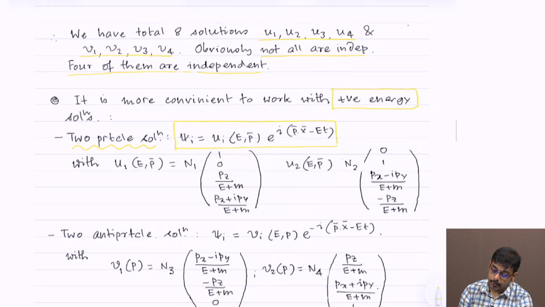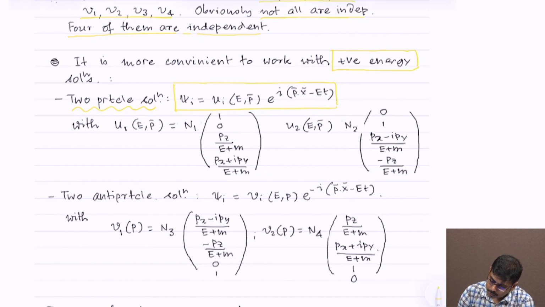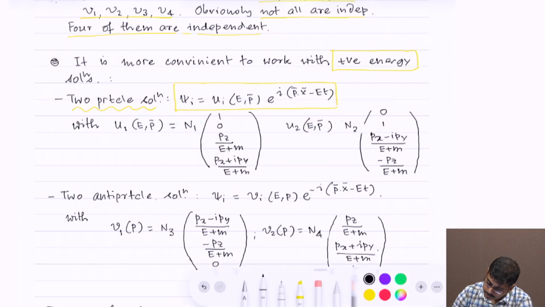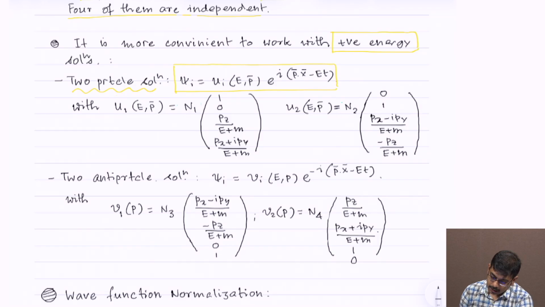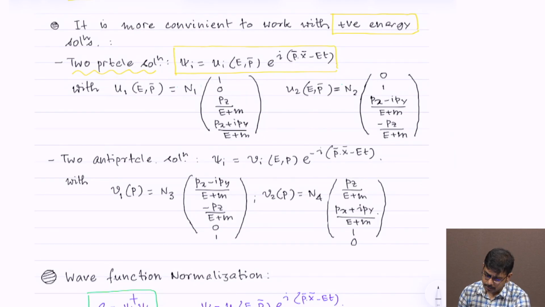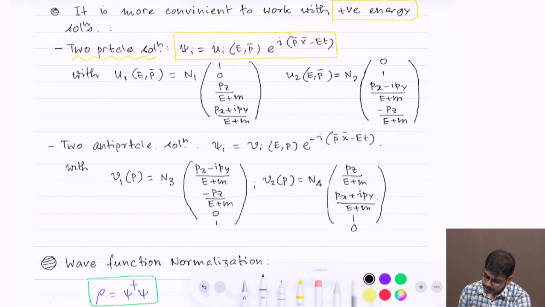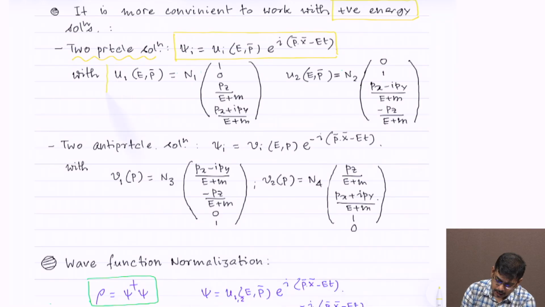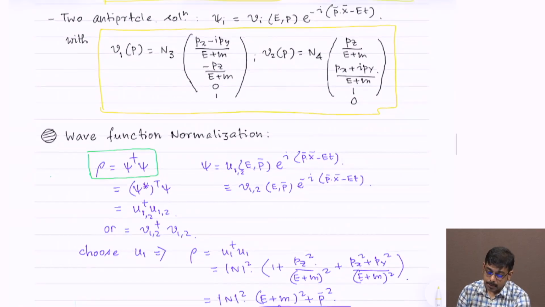The particle like solution is of course u into e to the power i(p dot x minus E t), and those u1 and u2 are, if you remember, the 2 eigenstates, and two antiparticle solutions which also give you the positive energy solutions, which are V1 and V2. So, we choose to work with these four independent solutions, two particle like solutions and two antiparticle like solutions. Excellent. Which are all positive energy solutions.